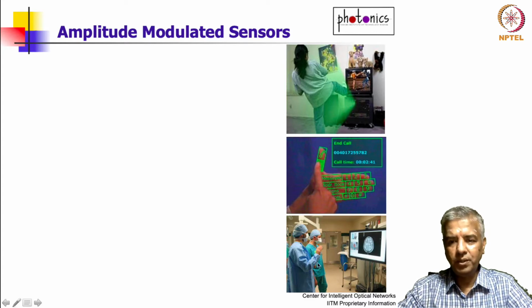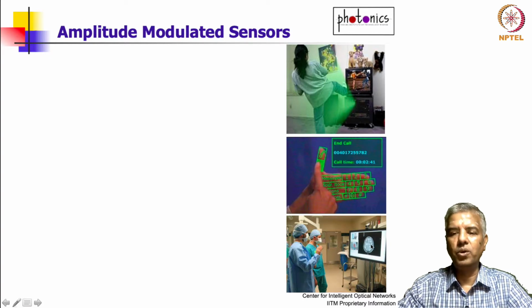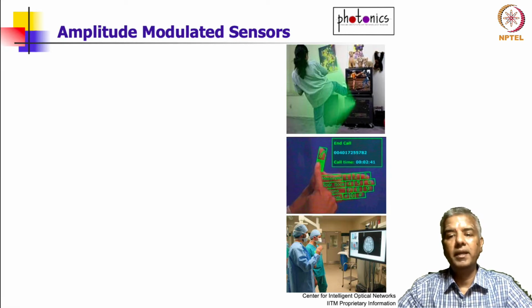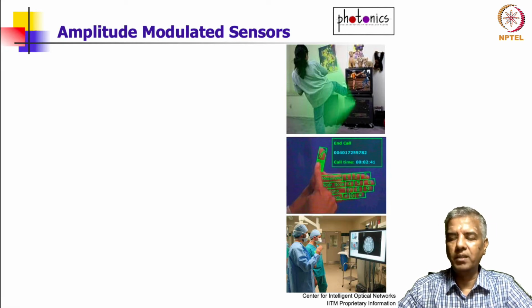Or if you think about more serious thing, this is actually a hospital operating theater, and very sterile environment that we need to keep, and this person seemed to be referring to something on the screen over here, and trying to understand what's going on, maybe in the middle of a surgery, and so on. So what exactly is going on in these type of applications? How is an optical sensor useful in these type of applications?